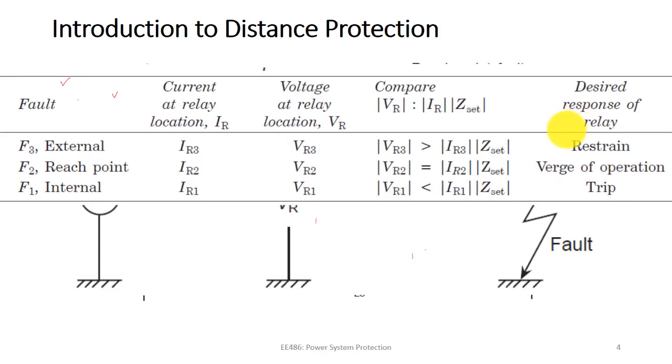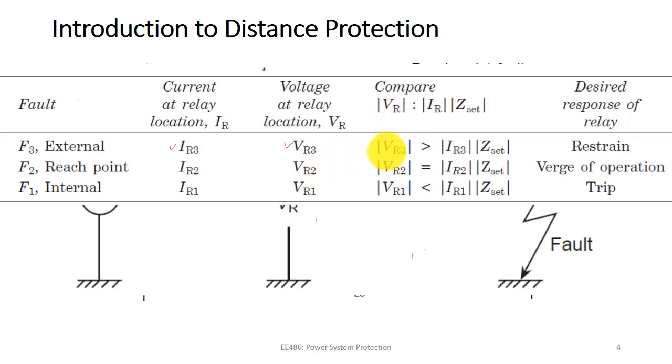So now what we can see here is for different types of fault. For F3, which is external to the reach point, that is a point beyond bus number B, the current at the relay location is IR3, let us say, and the voltage at the relay location is VR3.